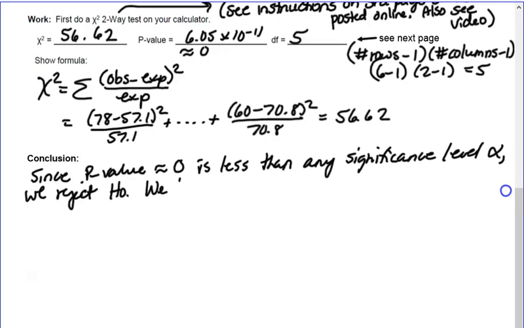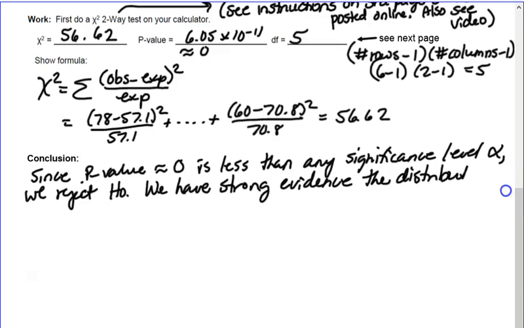In this case, we have strong evidence that the distribution of colors is different for dark and milk chocolate M&Ms.